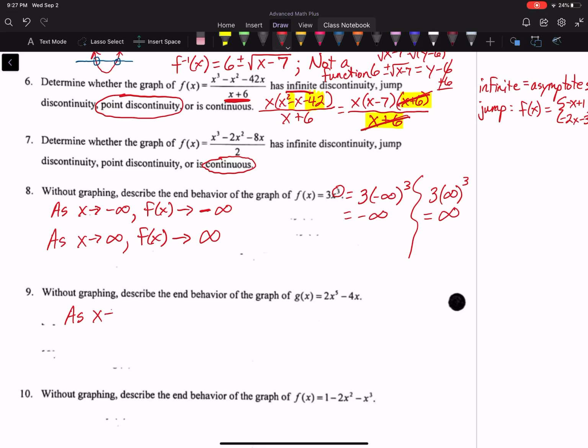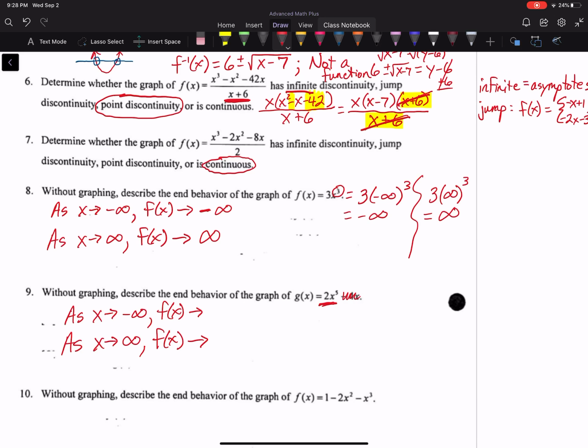So 9, same start. As x approaches negative infinity, f of x will approach something. As x approaches positive infinity, f of x will approach something. Again, you're only worried about the biggest exponent, so don't even worry about what's behind it. It's an odd exponent, so I know these two should be opposite each other.